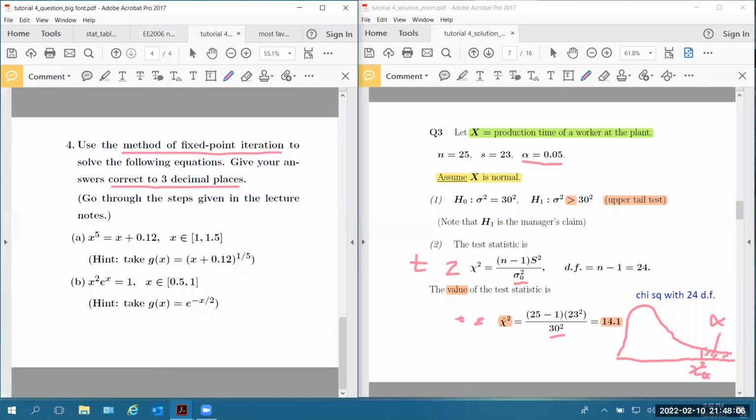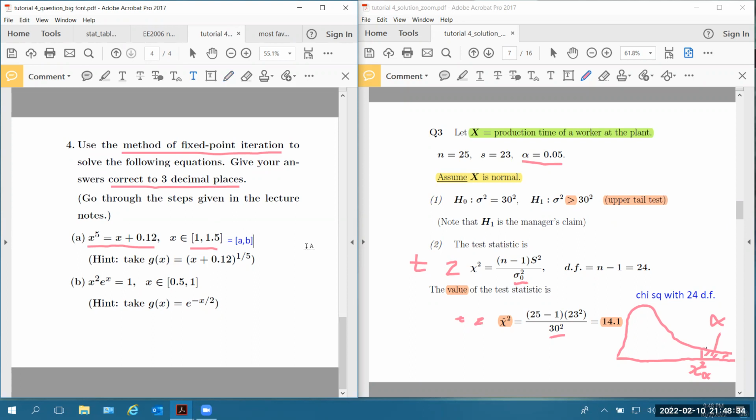Go through the steps given in the lecture notes, which means you do steps 1, 2, 3, 4, 5. Now, this is the first question. This is your equation. You notice that here they put x is in this interval, so they actually give you the interval AB here.